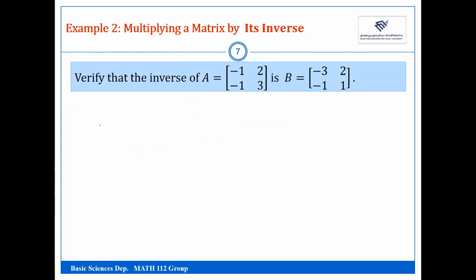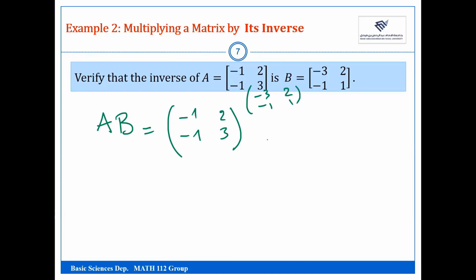So we must calculate A times B. A is -1, 2, 3, and B is -3, -1, 2, 1.